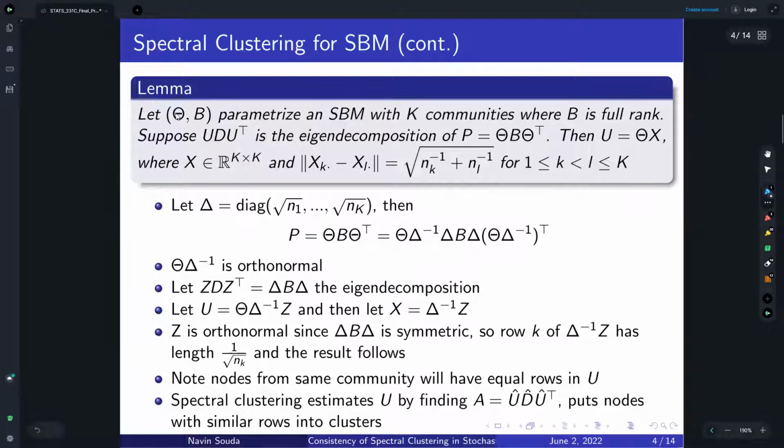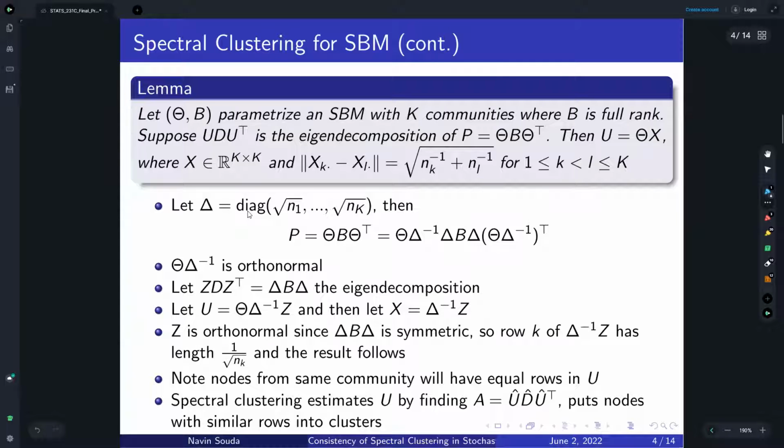If we have theta B that parameterizes a stochastic block model with K communities, and B is full rank, then if we let U D U transpose be the eigendecomposition of that matrix P we defined earlier, then we can write U as theta times some X, where X is in R^(K by K), and the norm of the difference between the rows of X is equal to the square root of the sum of the inverse community sizes, where the communities aren't the same.